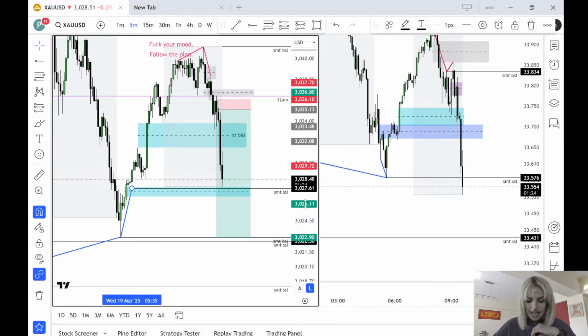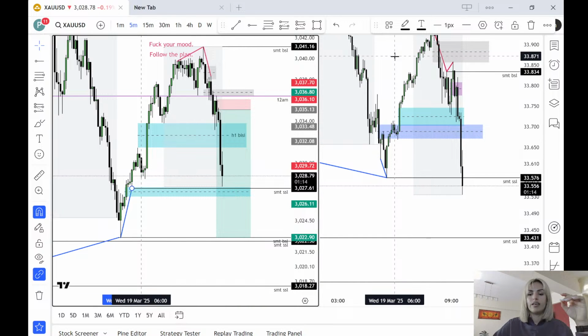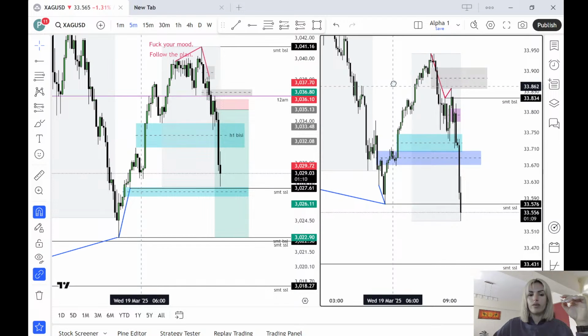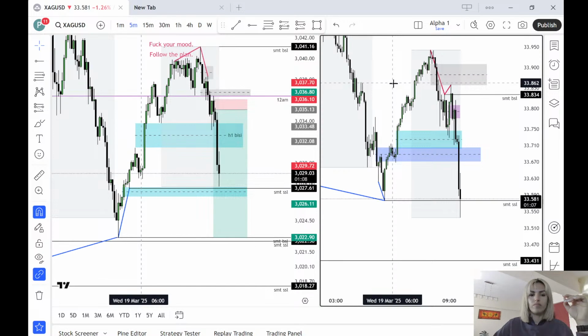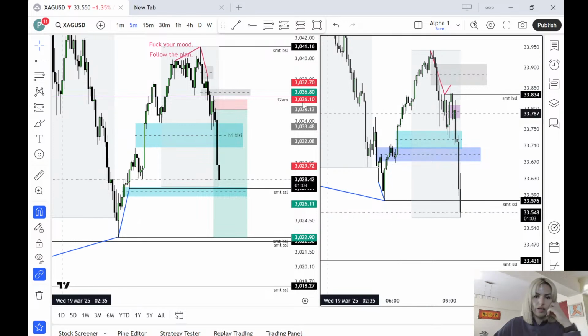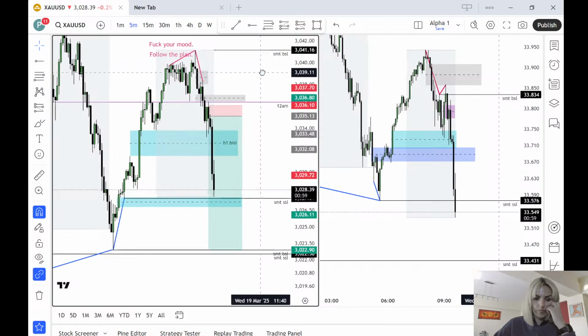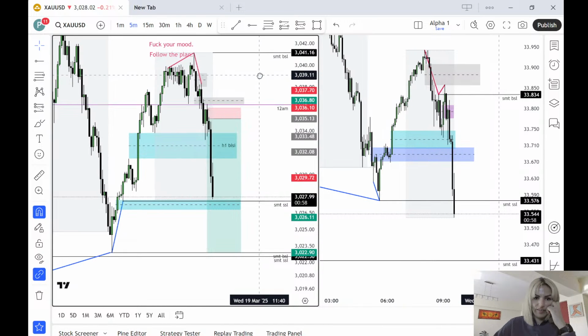Completely different. And to be honest with you, I was not expecting to get this type of aggressive move today, considering that in about 4.5 hours, I think we're gonna have FOMC economic projections, whatever, something like that. So yeah, but it's nice. It looks good.